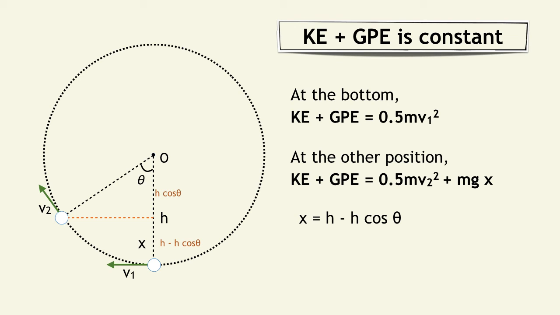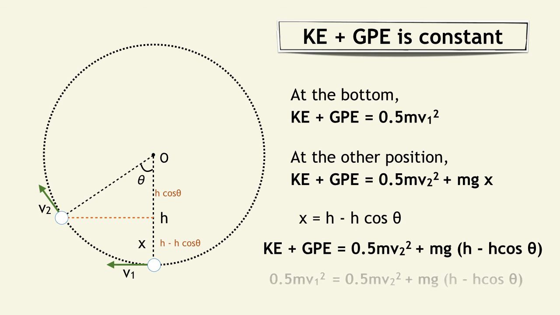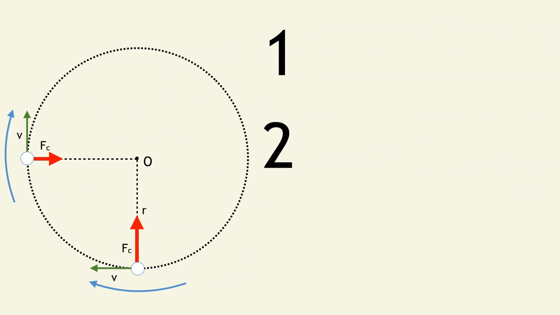We can then combine it into the equation to find the total mechanical energy at the other position, which is half mv2 squared plus mg times x, which is h minus h cos theta. And we combine the two to give that ratio. And this is basically a formula that you can use for every single position about the circle relative to the bottom. Alright.